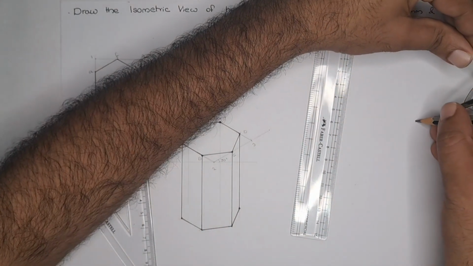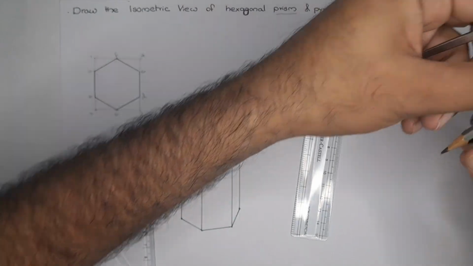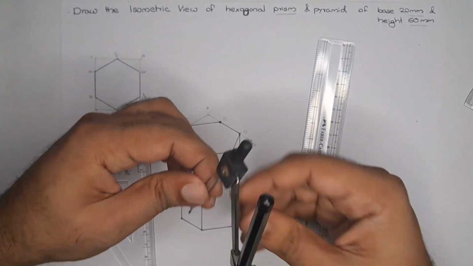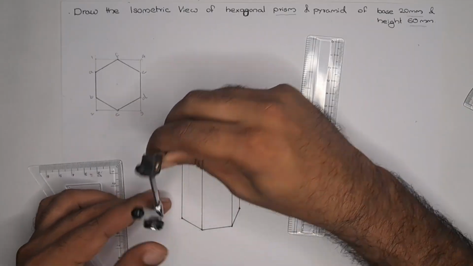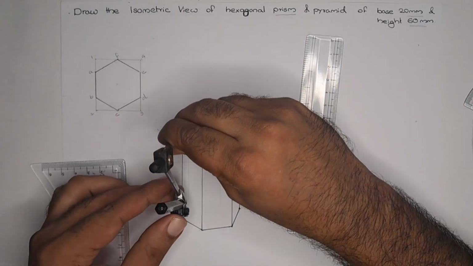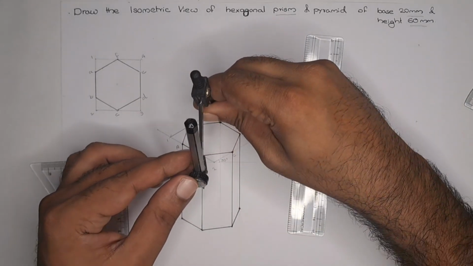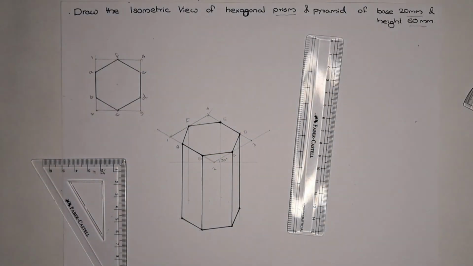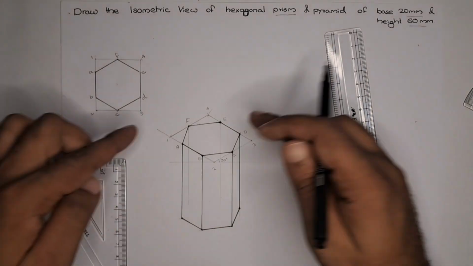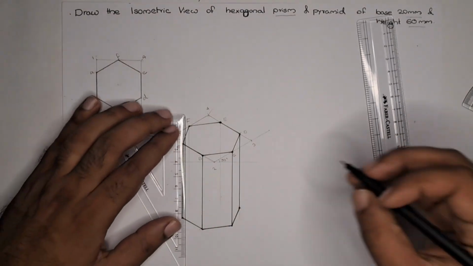Now take the 60 mm and check it here. Here is 60. Now plot it from the hidden edges and connect these points to get the hidden edges.